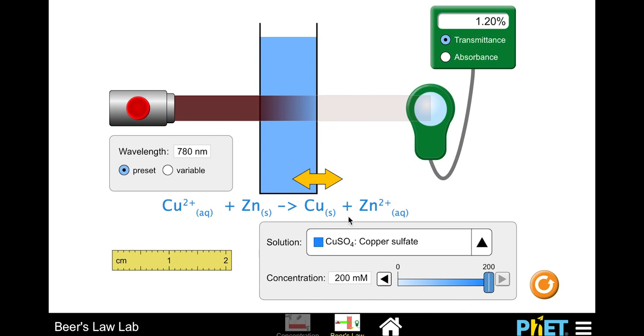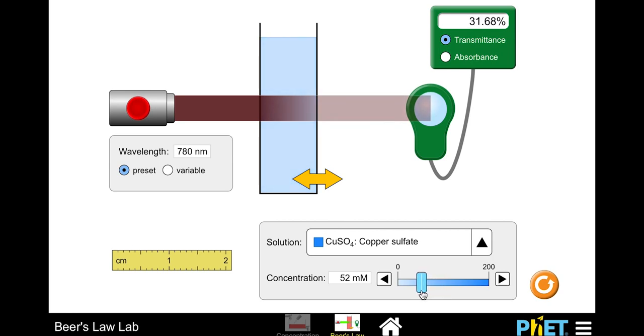As the reaction progresses, there is a decrease in the concentration of Cu2+ ions as we form colorless Zn2+ and solid copper precipitates. So as the concentration of the copper sulfate decreases, the transmittance is increasing.